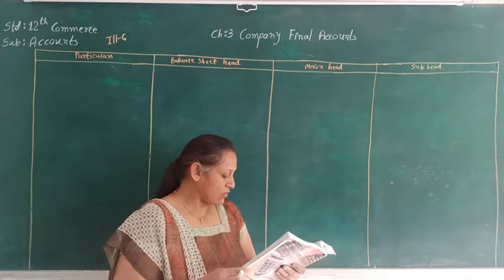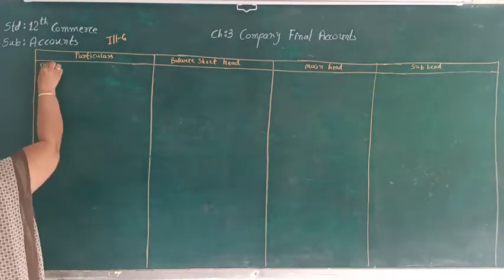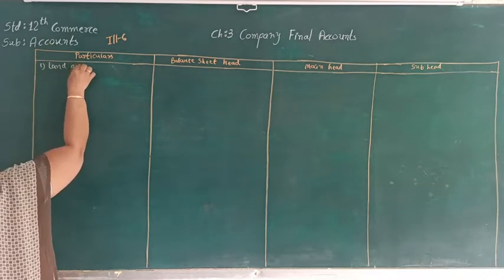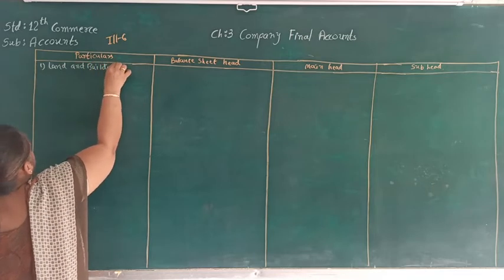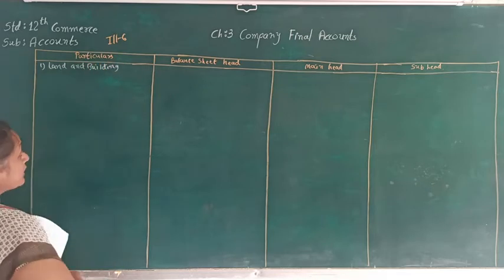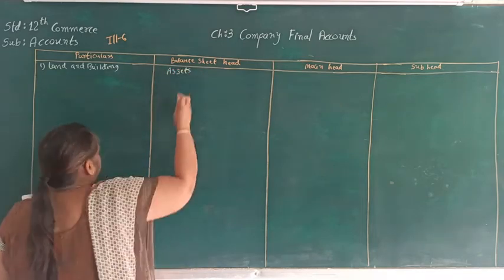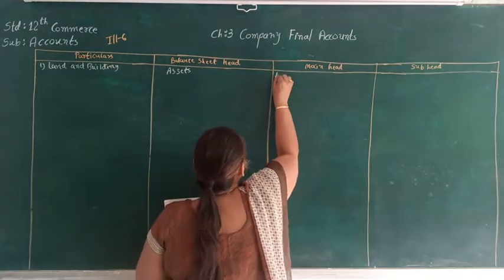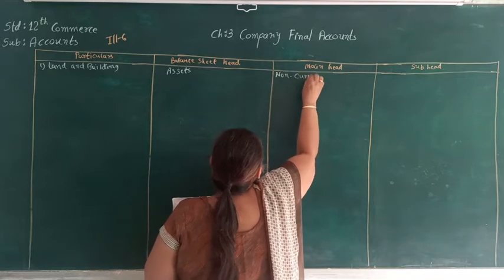Let's see, the very first is land and building. It's supposed to be shown on the asset side. And the first heading is non-current, so that is the main head, non-current asset.